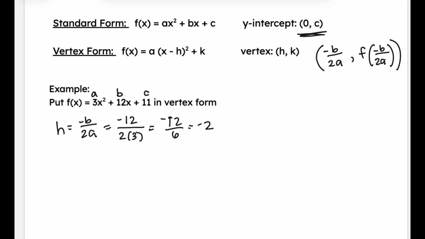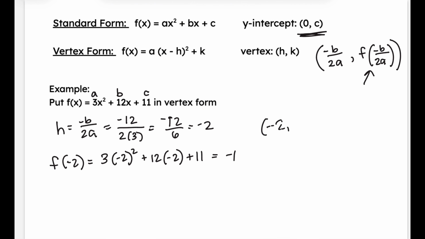And then to find the y value of my vertex, or my k value, we are going to find f of negative 2, which would be 3 times negative 2 squared plus 12 times negative 2 plus 11, and that gives us negative 1. So the vertex would be at negative 2, negative 1.